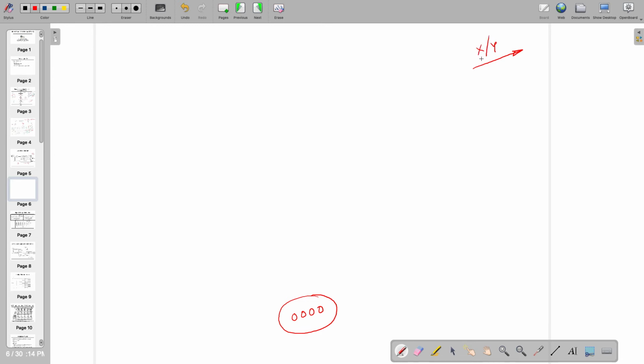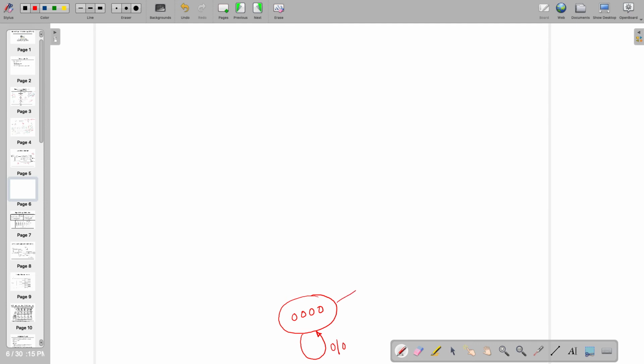One side, x, is the input, and the other is the output. When we start, it's a reset state. For 0 input, it stays there at the same state.